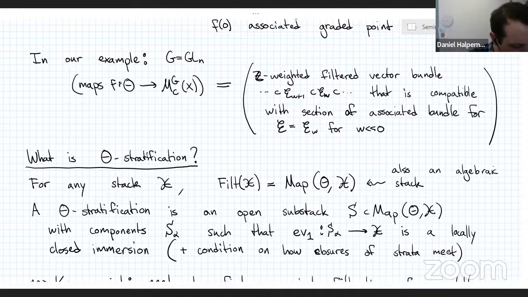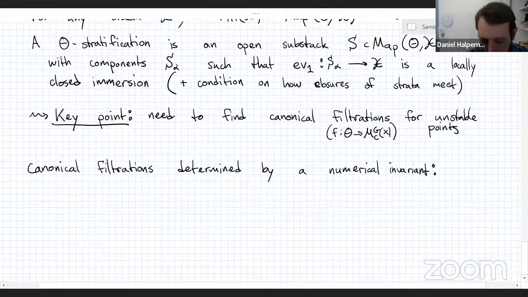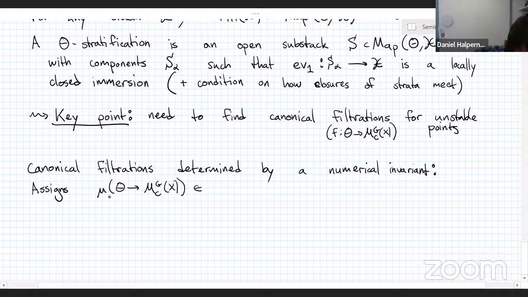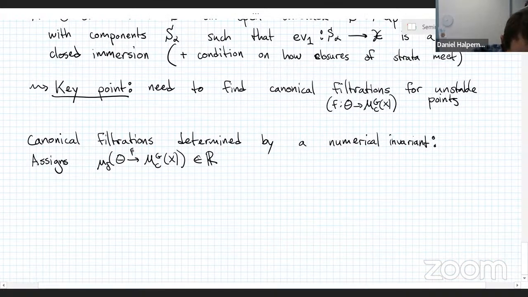And the point is that for any filtration, you can assign a number. So for any filtration, this is a number, I call this mu sub delta, that's a real number, R. And it's given by the following formula.